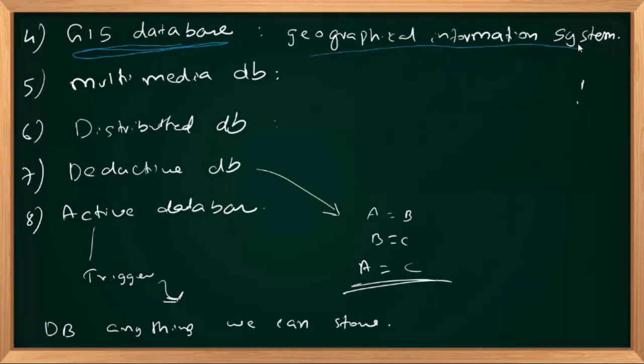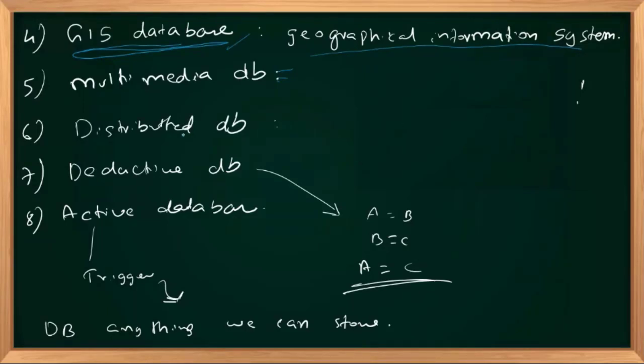We know that Google Map consists of a GIS database. Next one is multimedia database. Multimedia database consists of different types of media such as audio, video, sound, etc. A database that can store such types of data is known as multimedia database.